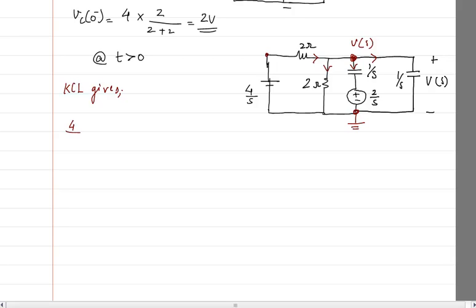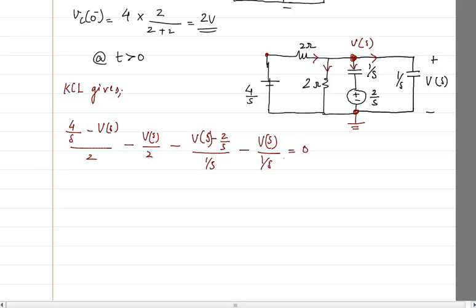So (4 by S minus V of S) divided by 2, minus V of S divided by 2, minus (V of S minus 2 by S) divided by 1 by S, is equal to 0.